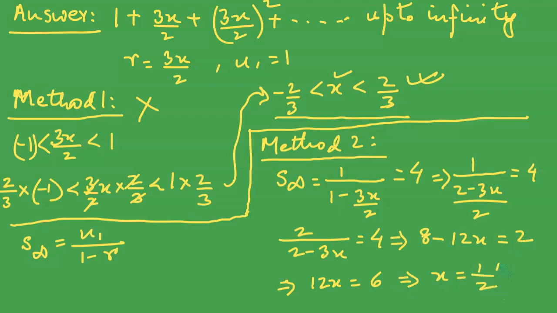And you see, half is indeed greater than negative 2 over 3 and is less than 2 over 3. 2 over 3 is 0.6666, that means 0.6 recurring, and half is 0.5. So, it is definitely less than 2 over 3 and greater than negative 2 over 3. This method is giving you the exact value of x which will be giving the series value as 4. So, this should be your answer, not the other one.